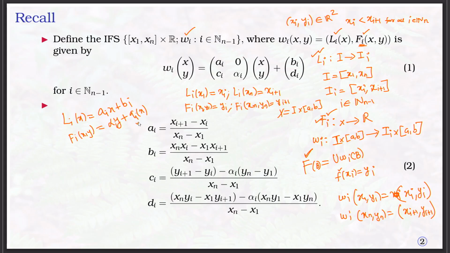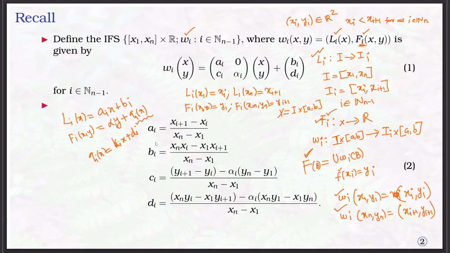More precisely, we have discussed that based on this qi, the nature of the fractal interpolation will vary. Now in this lecture we are going to discuss qi of x equal to ci x plus di, particularly the linear case. So by using the endpoint conditions, we can obtain the parameters a, b, c, d.